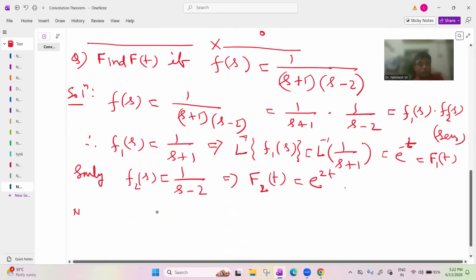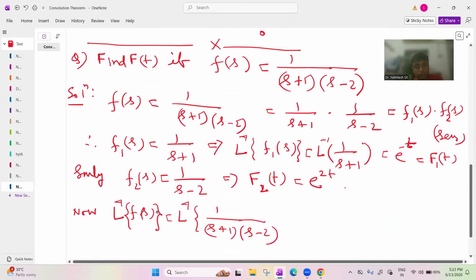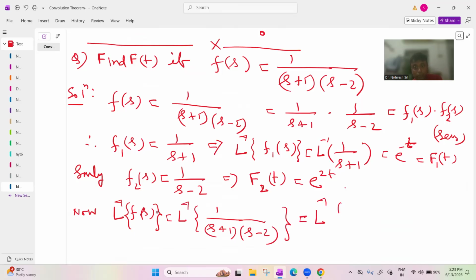Now, L inverse of F(s) is equal to L inverse of 1 by (s plus 1)(s minus 2), which is equal to L inverse of F1(s) into F2(s).